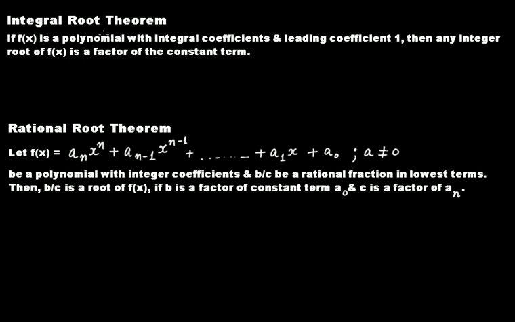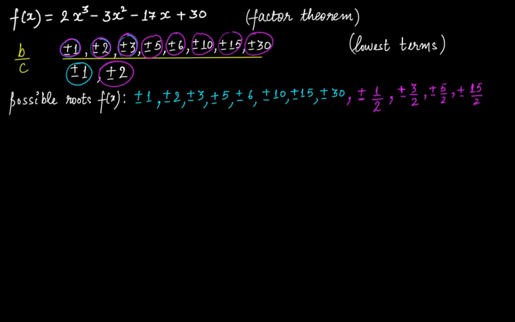Now this integral root theorem is very similar to the rational root theorem. It will be applicable when your an, like in this case you have 2, but imagine if it were not 2 here, it was simply something like this, right? Here you have an actually equal to 1.